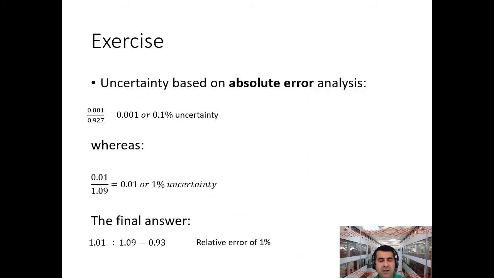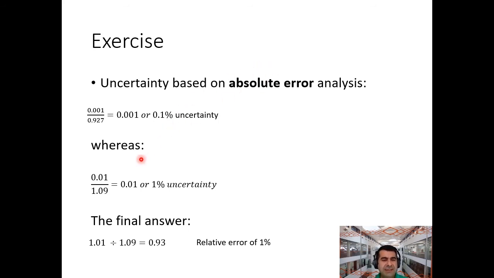Now let's analyze the results and look at the absolute error method. If we look at the uncertainty in our calculated result, it'll return 0.1% uncertainty. What we have done is we divided 0.001 by the answer that we returned, 0.927, and that will become 0.001 or 0.1% uncertainty.